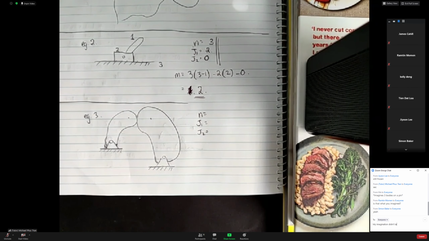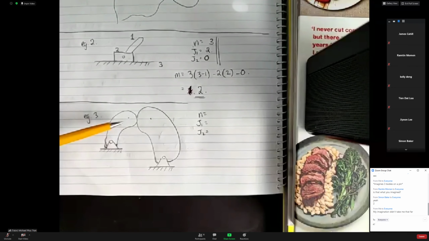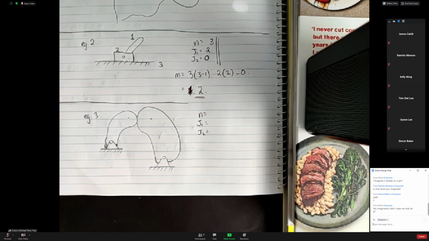Alright, bodies. How many do you reckon we have? 2? Okay, let's count them. So we have 2 of these bodies, right? Why don't we have 3? Did you count the ground in this one?